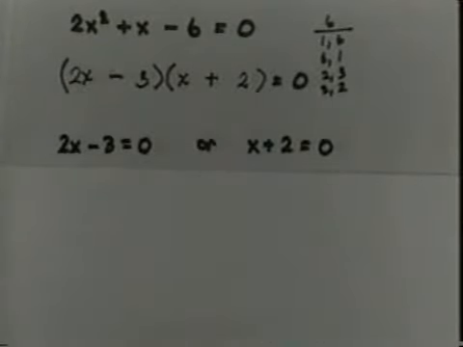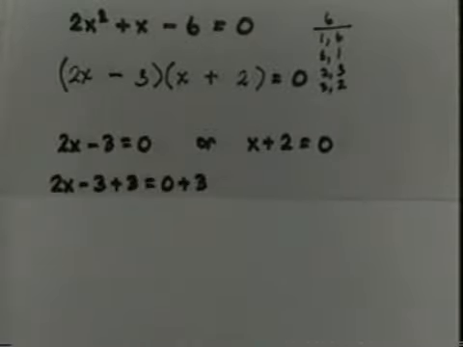On the left, we must add 3 to both sides. 2x subtract 3 add 3 equals 0 add 3. That gives us 2x is equal to 3.